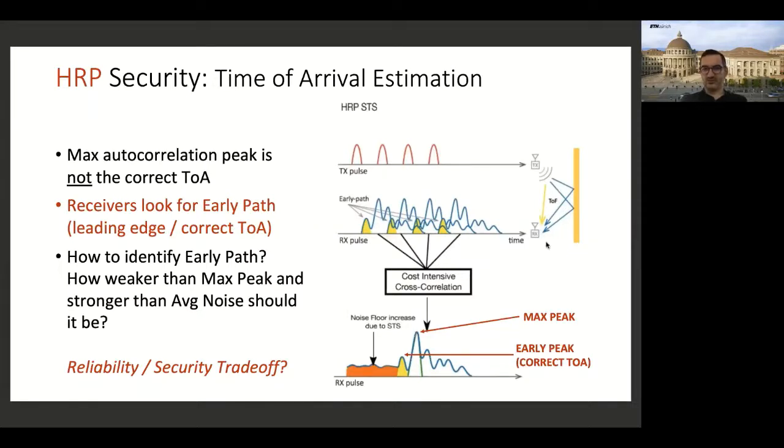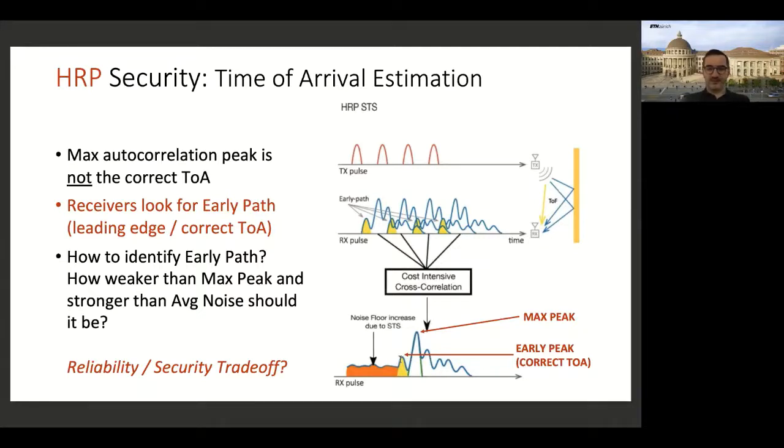So it will not correspond to the direct line of sight. It will be a buildup of a lot of reflections, and therefore, in order to calculate this true path, this early path, you need to identify the maximum peak and then do a back search in order to find this early path, right?